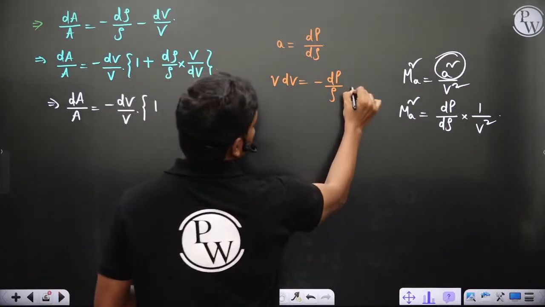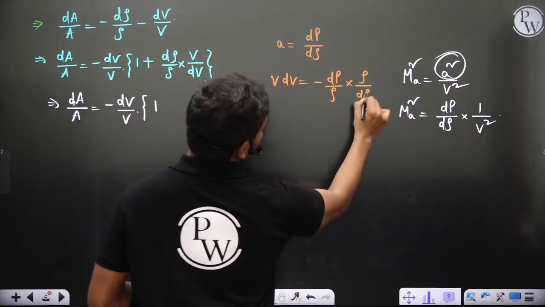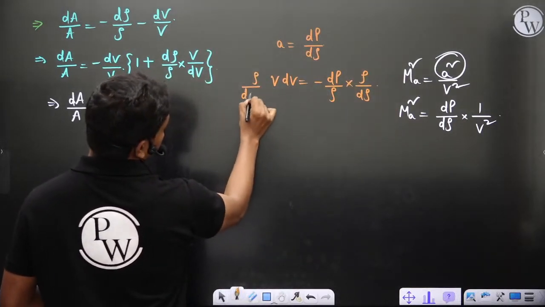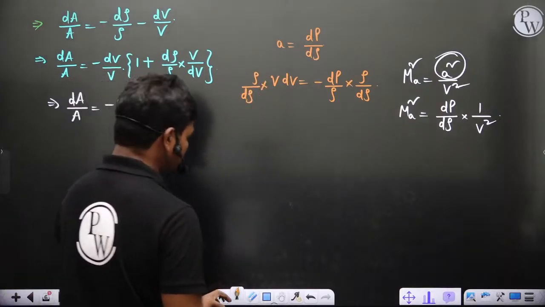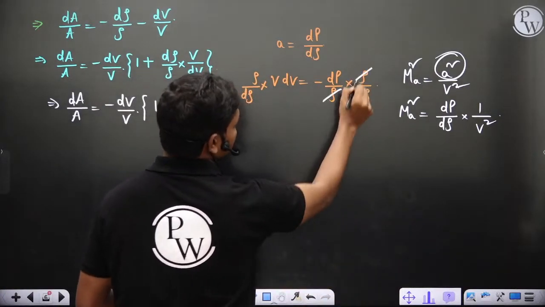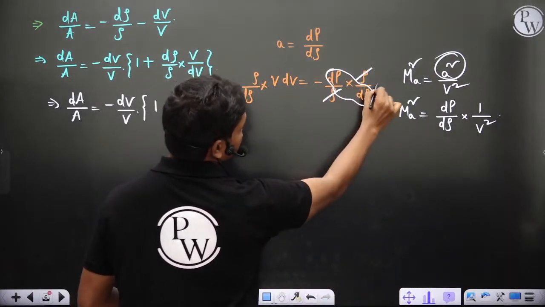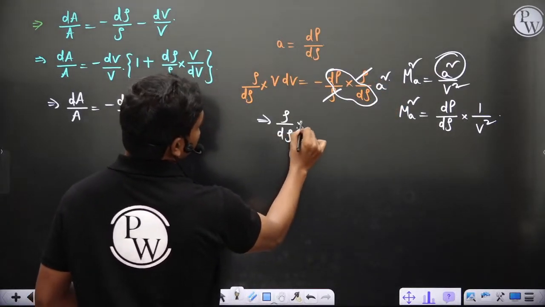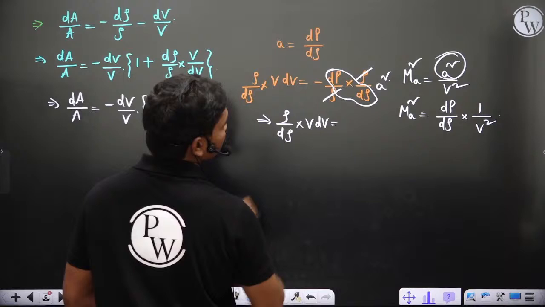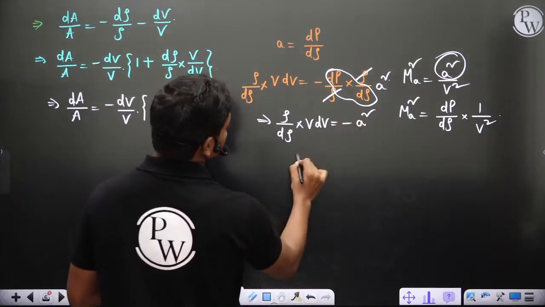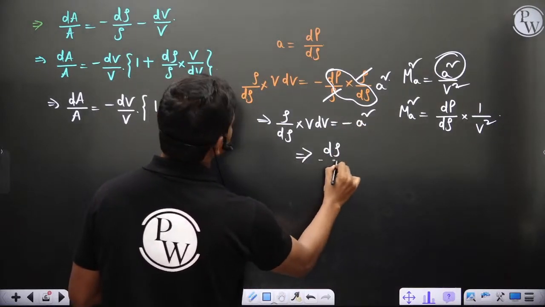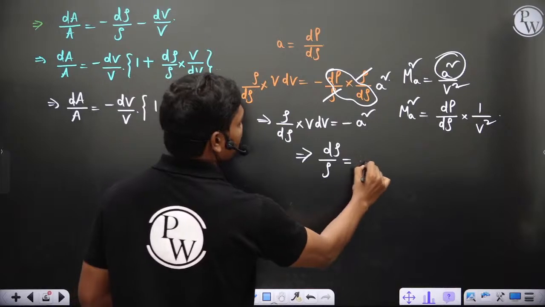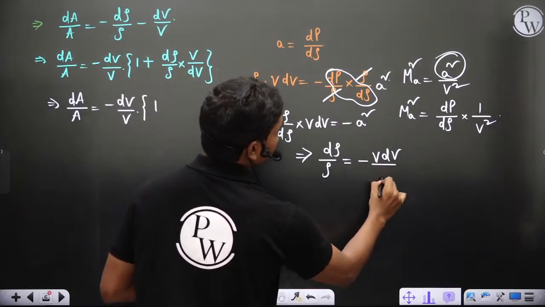Okay, so into rho by dρ. If you have this, then density and density get cancelled. This combination is acoustic square. So this tells me rho by dρ into V dV is equal to minus acoustic square. So that tells me dρ by rho is equal to minus V dV by acoustic square, correct?